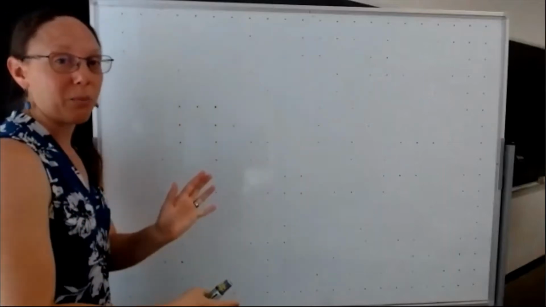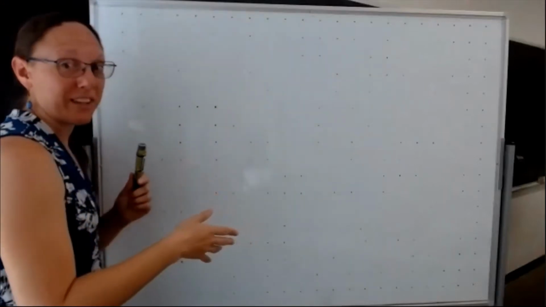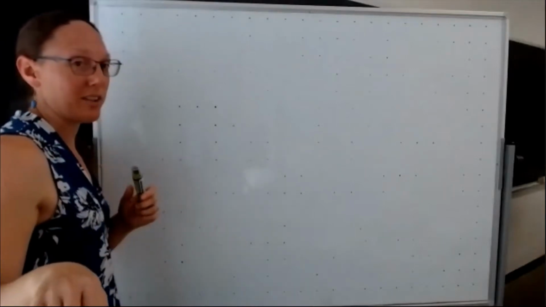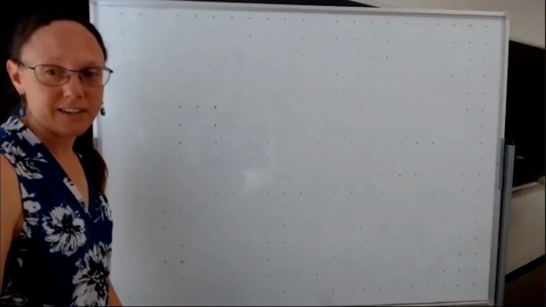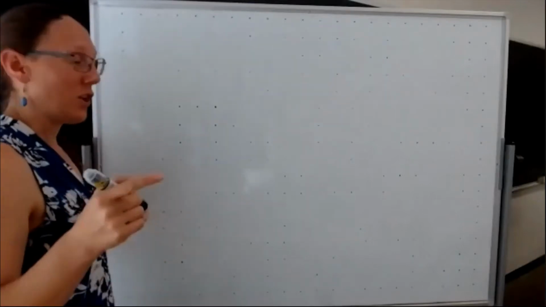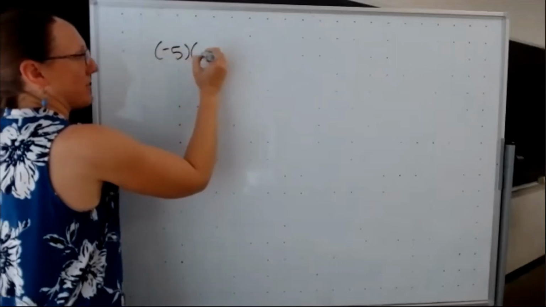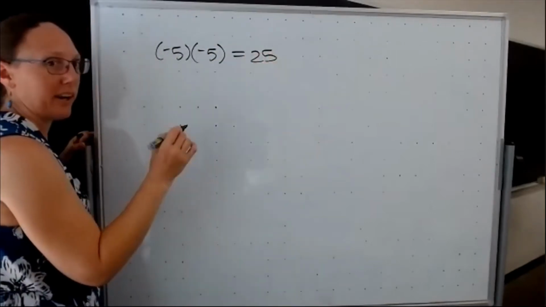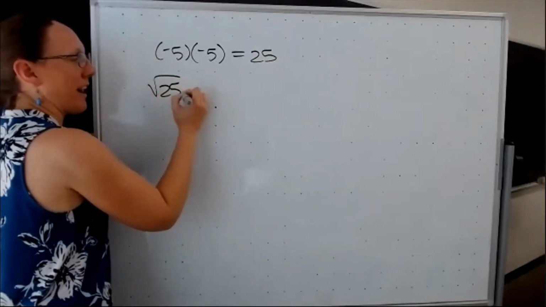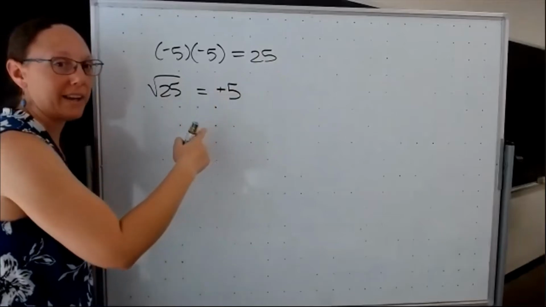When I wrote out all the powers, I gave you a list of things you ought to know. Also, there is a question in the chat, and I'm not ignoring it. I promise I'm going to get there. And so back to my statement about negative 5 times negative 5 being equal to 25, period. The square root of 25 is positive 5 always.